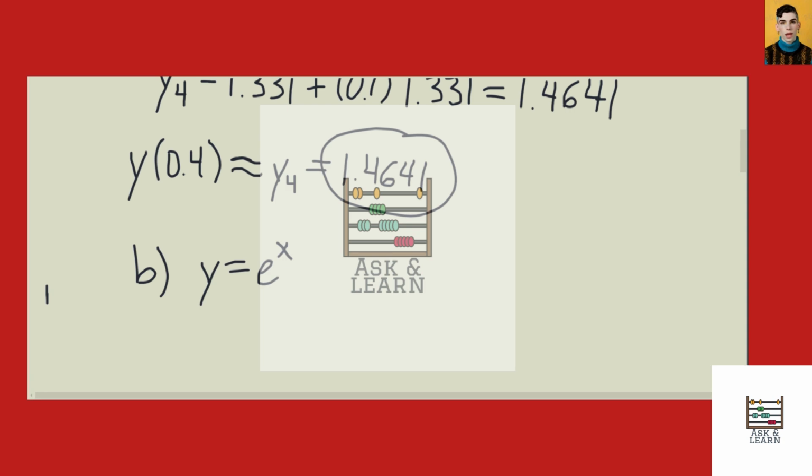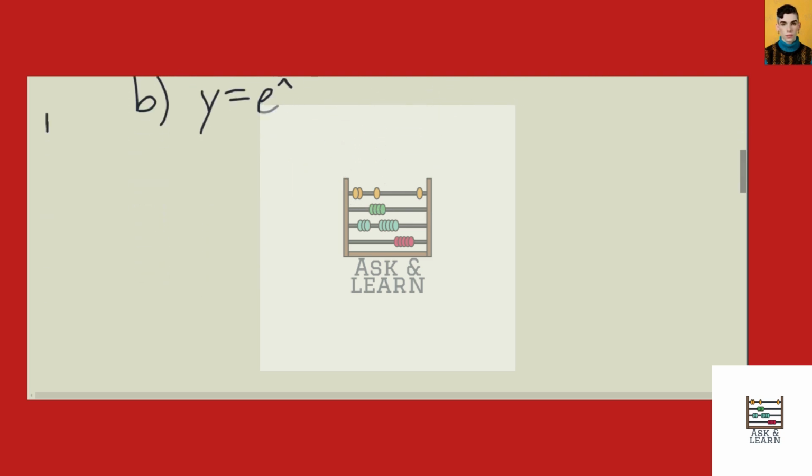So we're given that the solution to our initial value problem is y equals e to the x. We're asked to draw this from 0 to 0.4 on the x-axis.